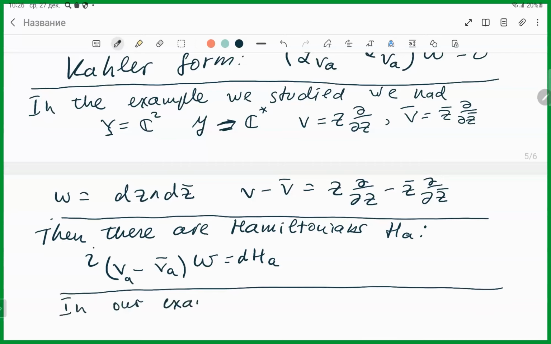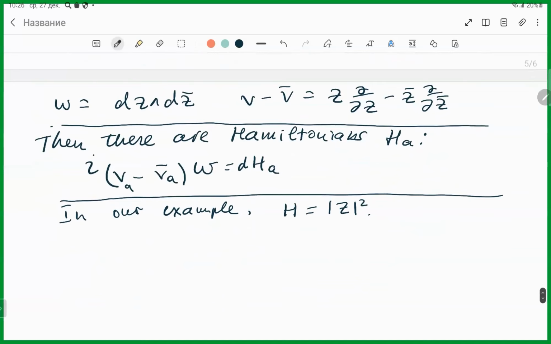In our example, the Hamiltonian was modulo z squared, z naught squared.